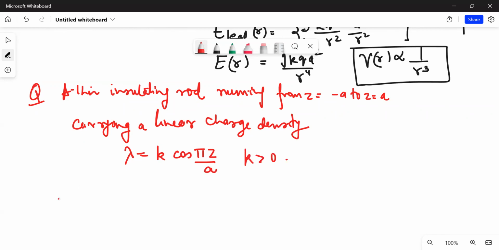Find the leading term in the multipole expansion of the potential.